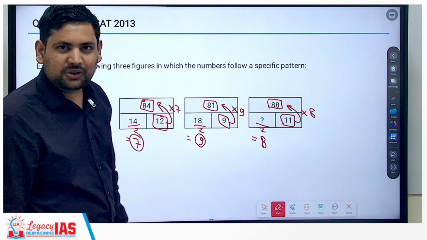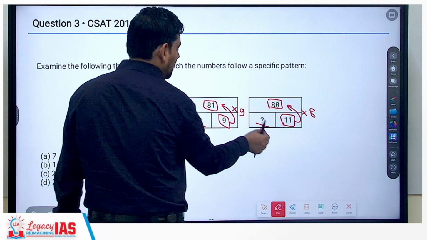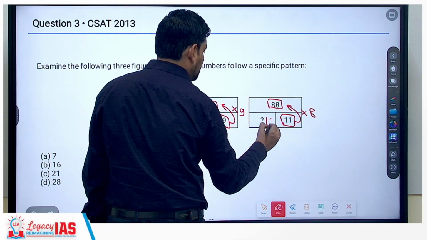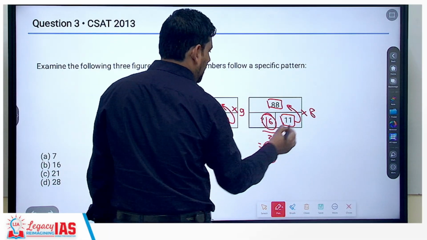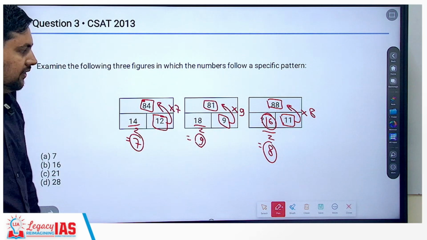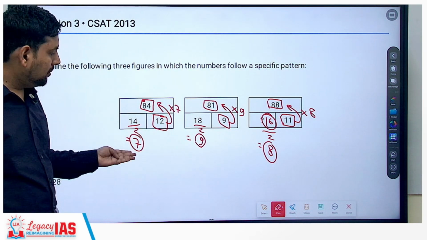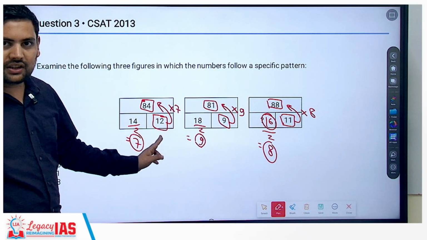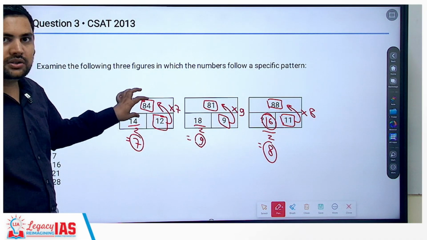Now what do you divide by 2 to get 8? Of course, the only possible thing there is, if I write here 16, then 16 divided by 2 will give me 8, and 8 gets multiplied, it gives you 88. So this is the pattern, that is, this first number is divided by 2 and then multiplied with the second number, and when you multiply both of them you get the top number.